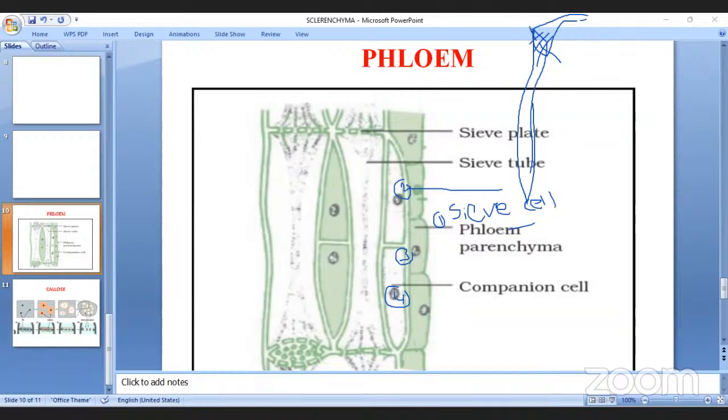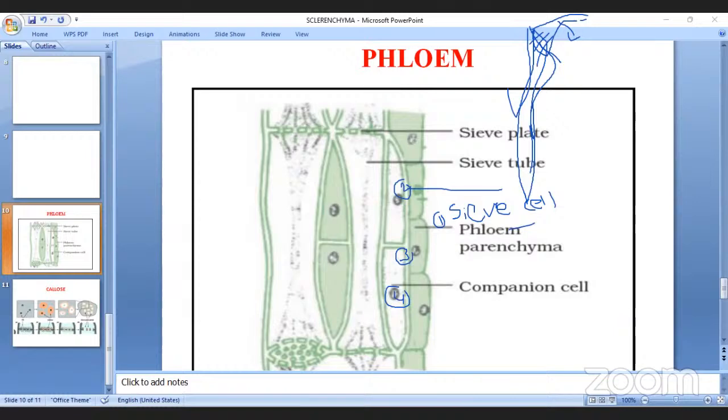And this is one separate cell here, and above it another separate sieve cell. Is it clear? Hello? Yes, sir. Right. I will clearly show the sieve area diagrammatically.